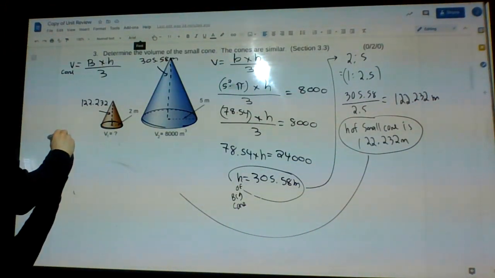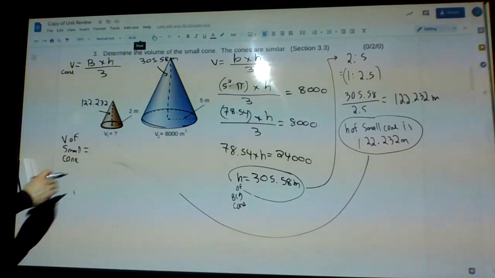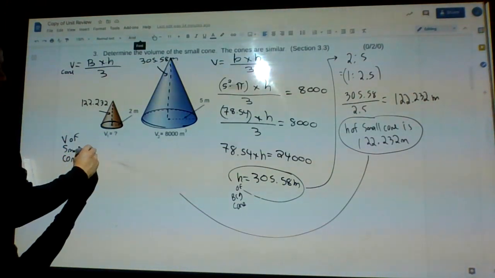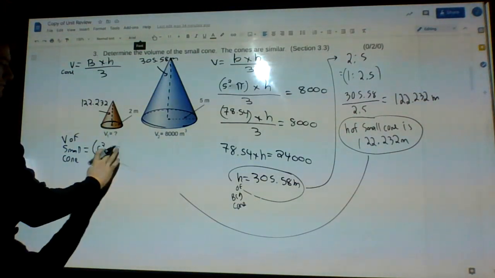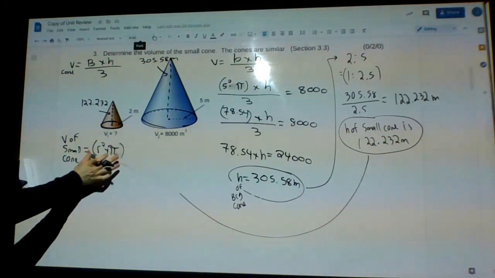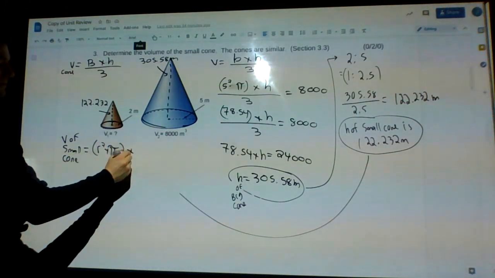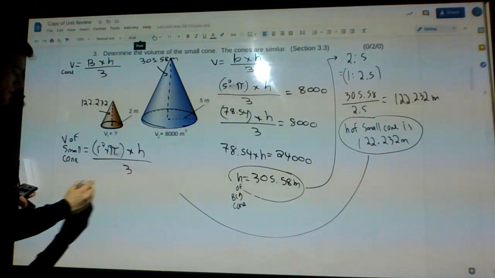Volume of the small cone: we're going to take the area of the base, which is radius squared times pi, that gives me the area of the base, times the height divided by 3.